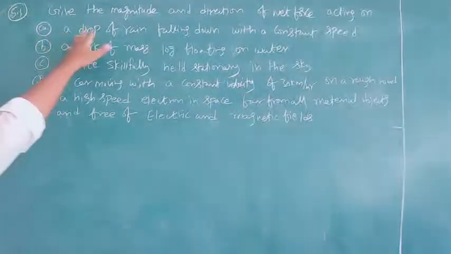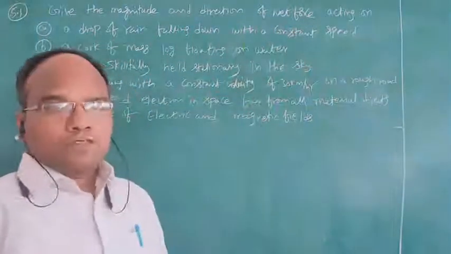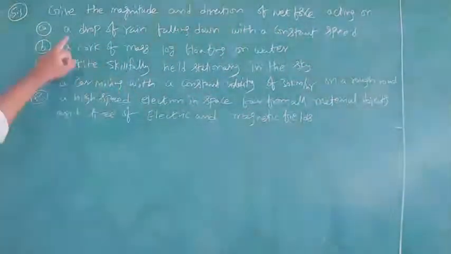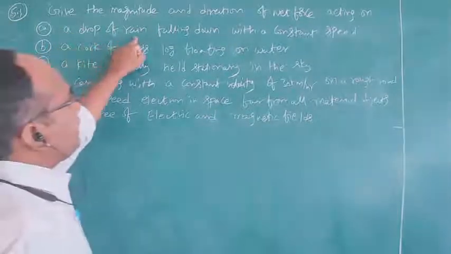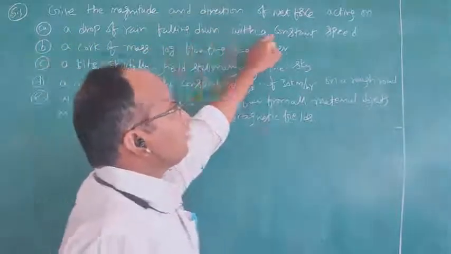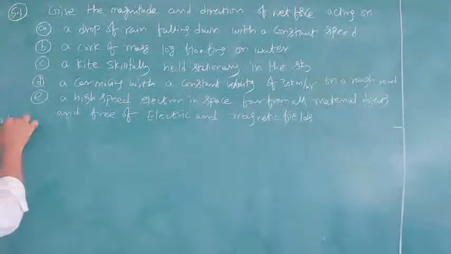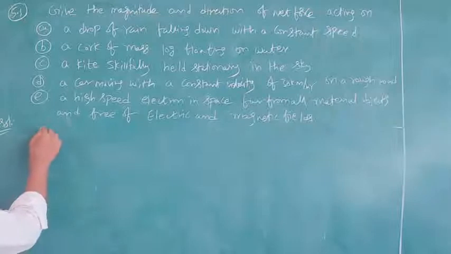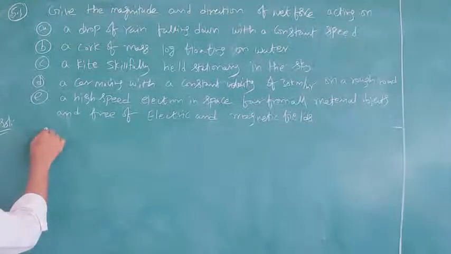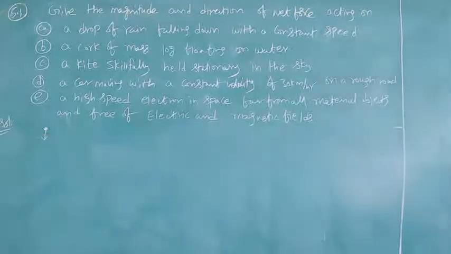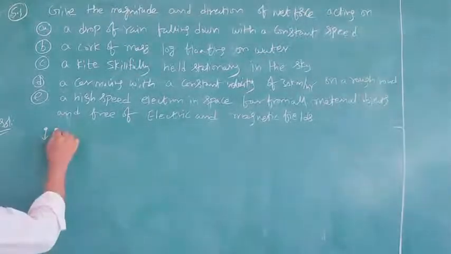Give the magnitude and direction of net force acting. First question: a drop of rain falling down with a constant speed. So what is the meaning of this? A drop of rain is falling down with constant speed.